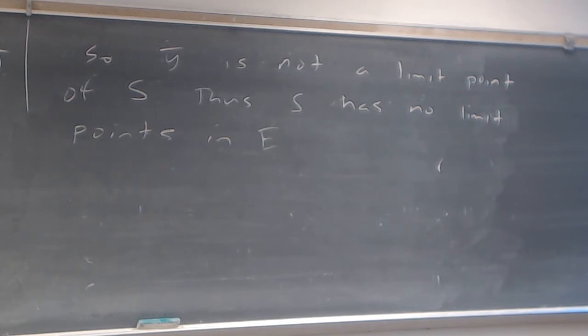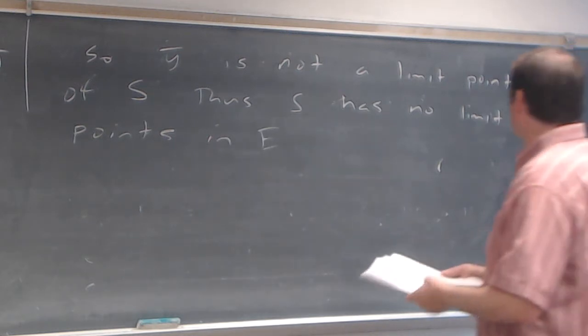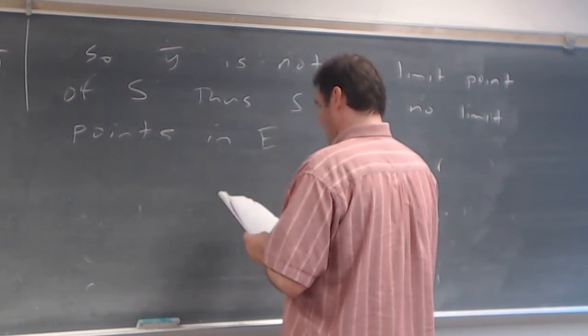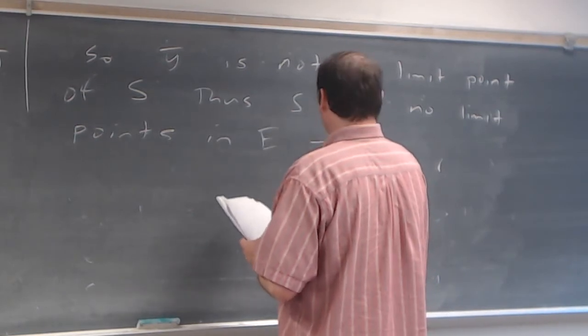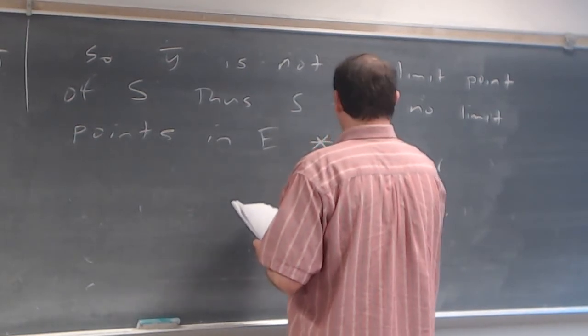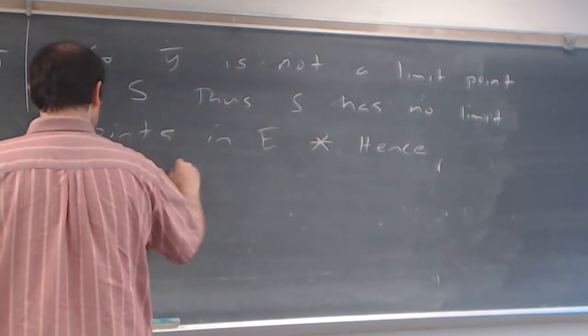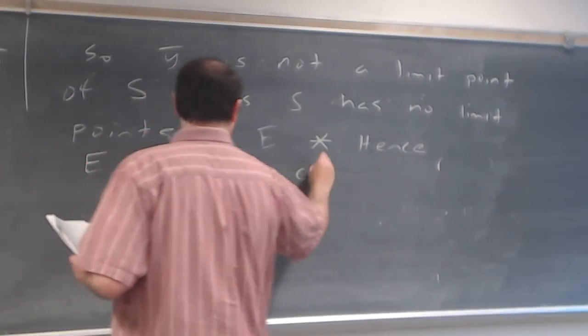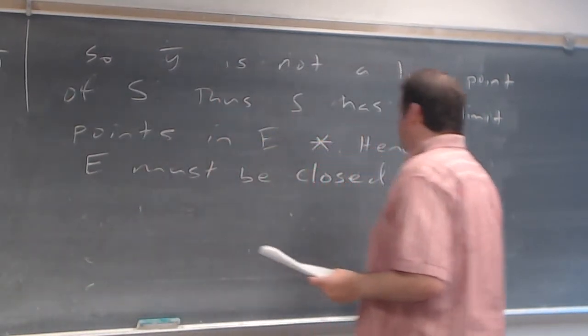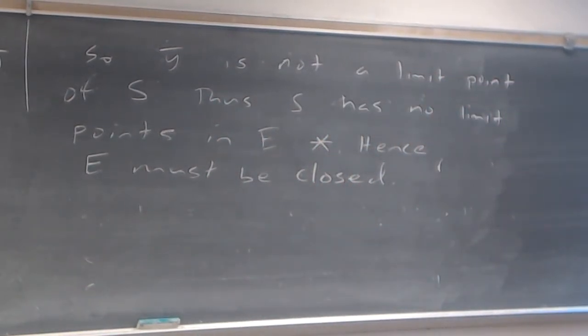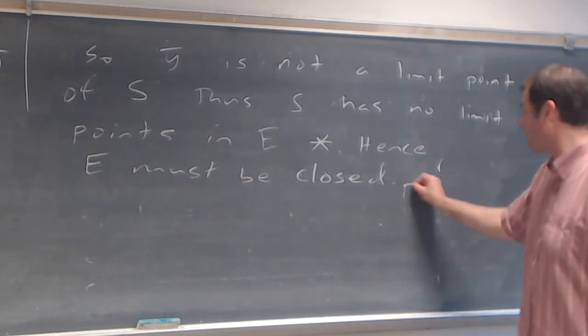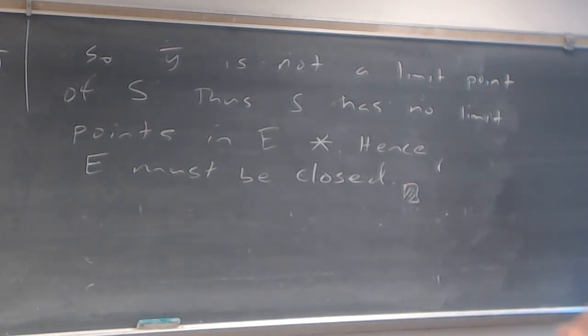And x naught was not in S. And so that contradicts our assumption. That means E must be closed. So that concludes the proof. That C implies A concludes the proof of the theorem.